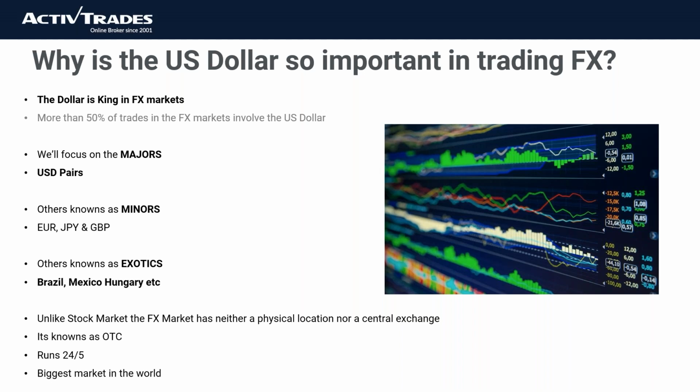The FX market doesn't have that. It's known as an OTC, over the counter, and it runs on the interbank network, but it runs 24/5, unlike the stock market exchanges, and it is still the biggest market in the world. And the numbers that get bandied around are around $6 trillion a day traded on FX markets.